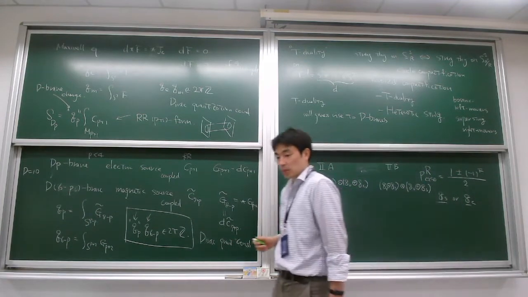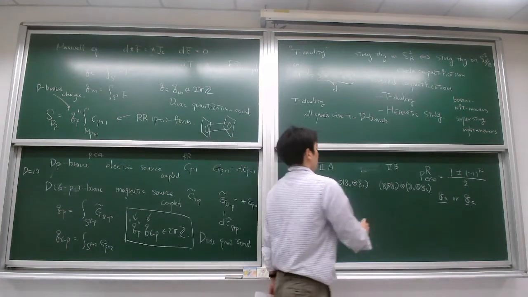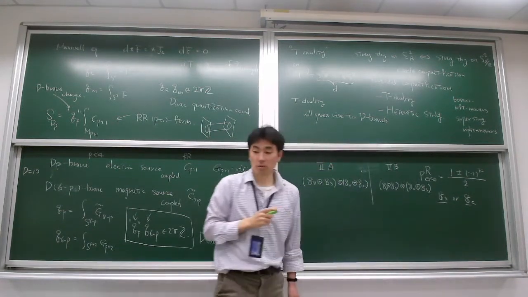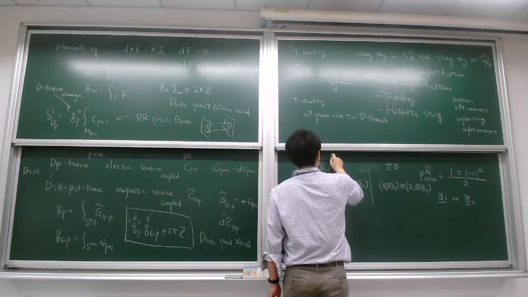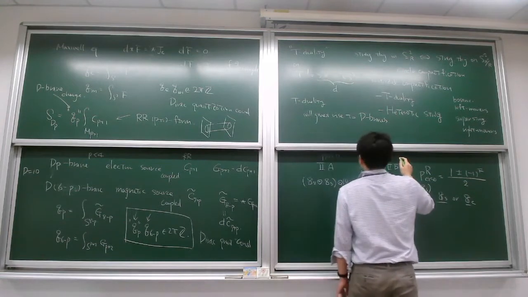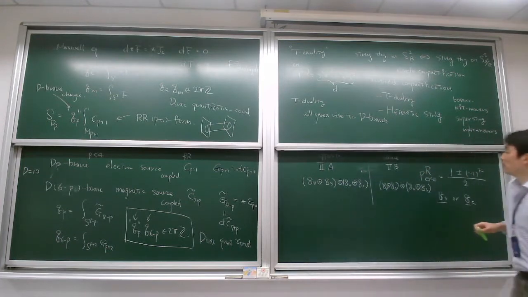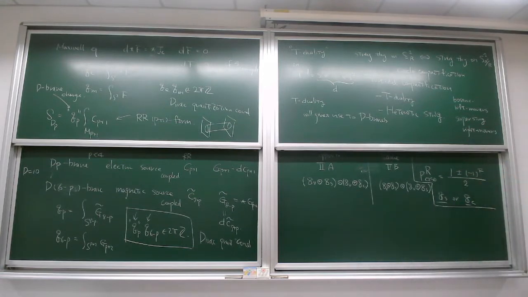So you pick the same chirality for type 2B. So this is opposite chirality, and this is same chirality, depending on which GSO projection operator you pick.